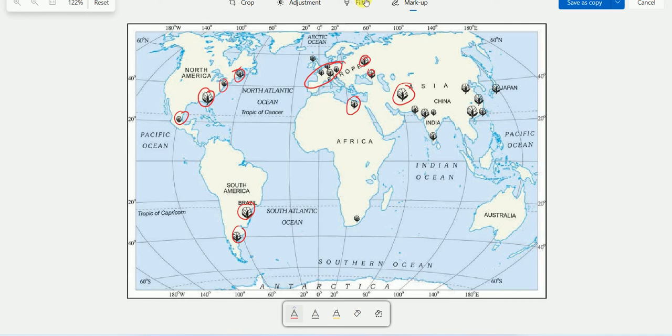Here, this is Pakistan and India. This is Tamil Nadu, Karnataka area also. So this is the eastern and southeastern part of Asia. Then Japan also, and here South Africa also. So this map represents the distribution of the major cotton textile manufacturing regions in the world.